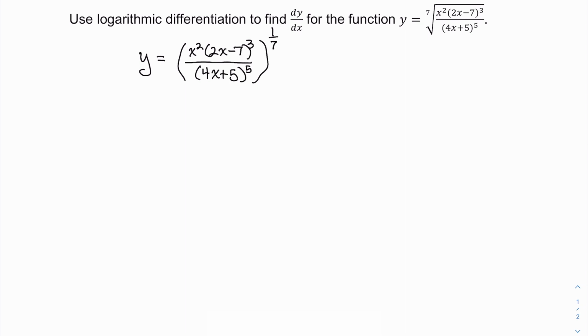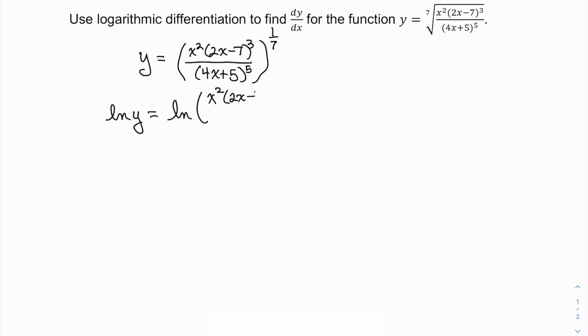Next, we see that with all the products and powers, there's not a logarithm originally in this question. But with all those products, powers, and quotients, having a log would actually help immensely. So I'm going to incorporate the natural log, but since I'm doing it as a new process, I have to apply the natural log to both sides of the equation.